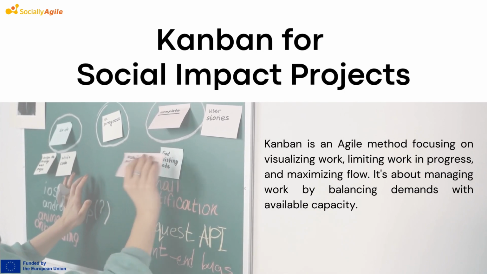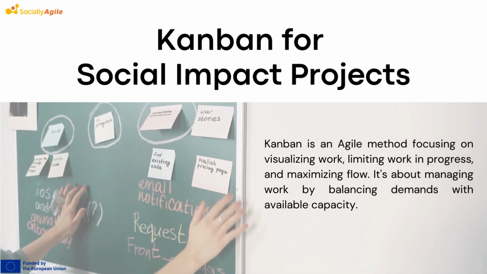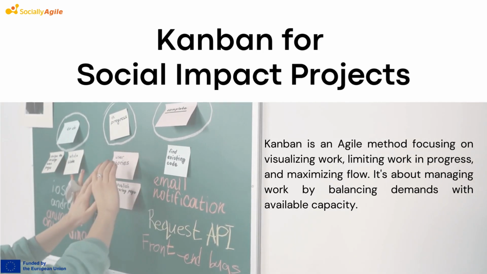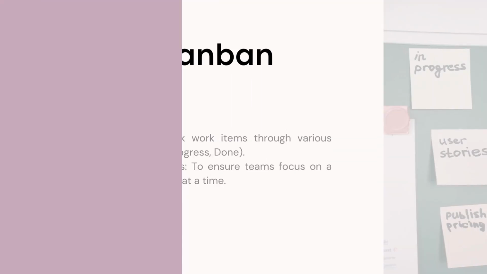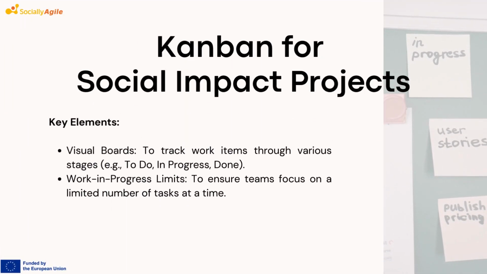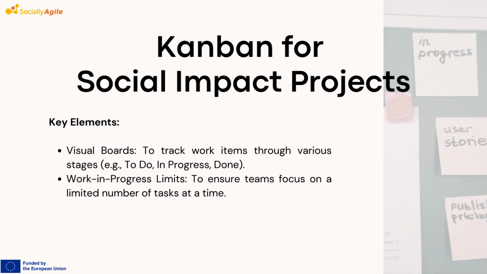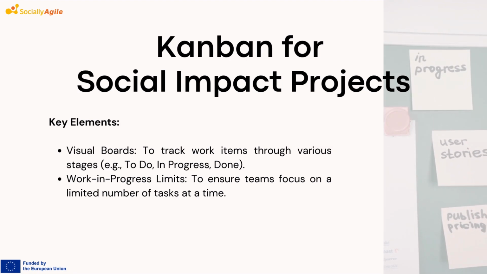Kanban is another Agile method that focuses on visualizing work, limiting work in progress, and maximizing workflow efficiency. It's about managing work by balancing demands with available capacity, making it particularly useful for projects that require continuous delivery and adaptability. The key elements of Kanban include visual boards and work-in-progress limits. Visual boards are used to track work items through various stages, such as to-do, in progress, and done.